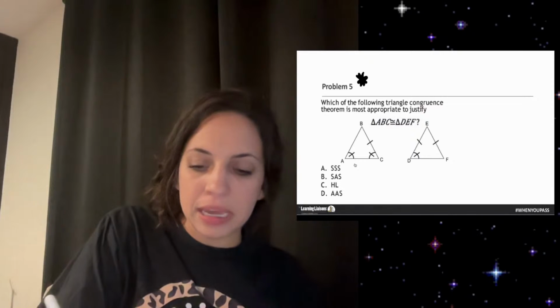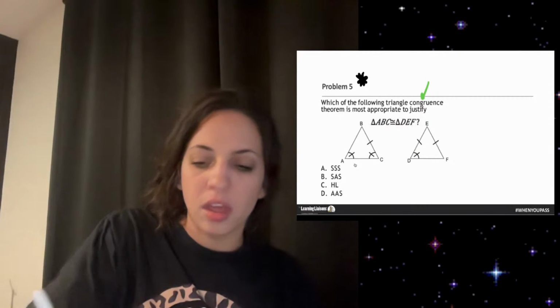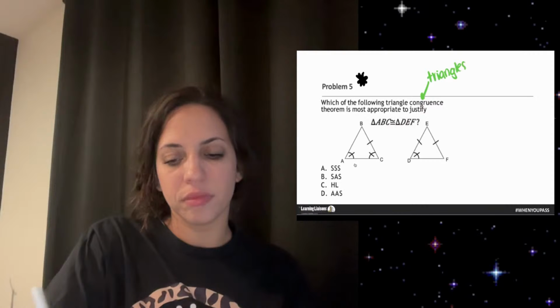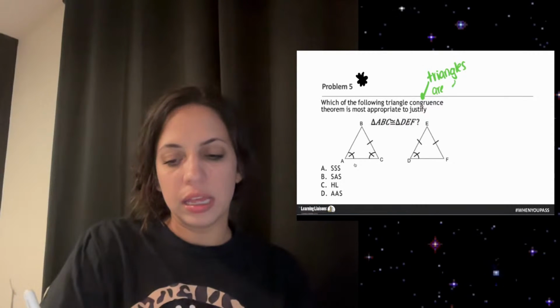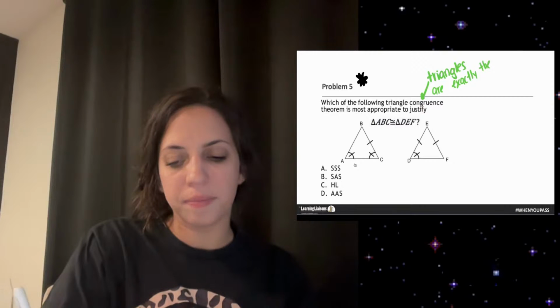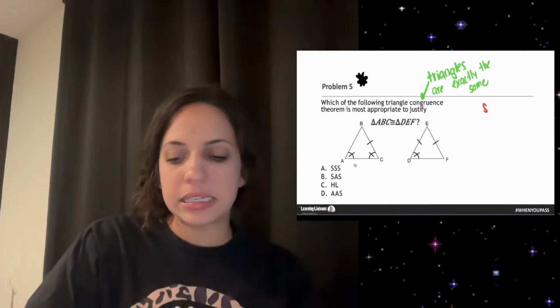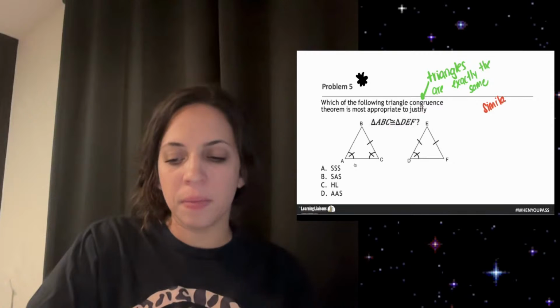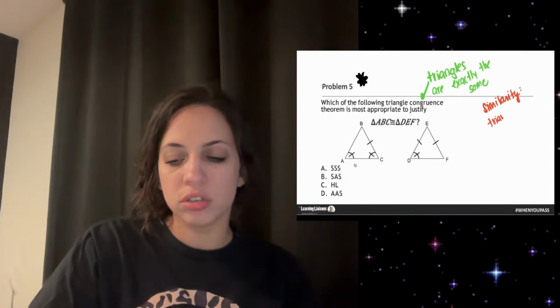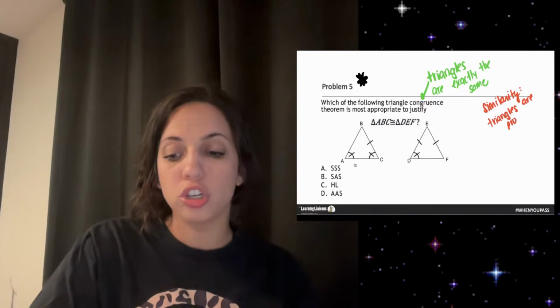Congruency means the triangles are exactly the same, whereas similarity means the triangles are proportionate.